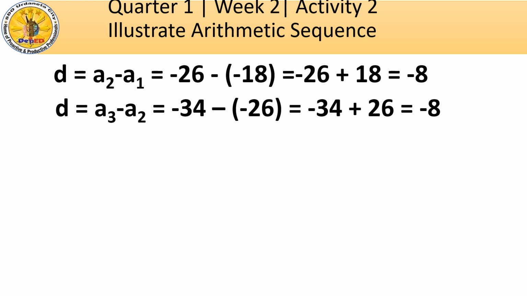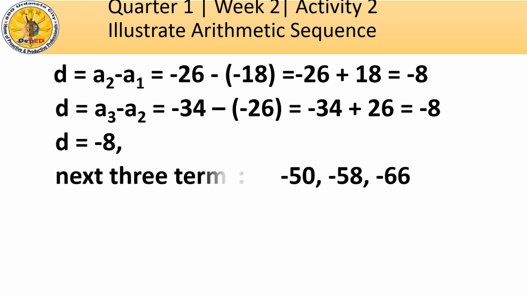The sign of the greater absolute value is negative, so the difference is negative 8. So therefore, the common difference is negative 8. Then the next three terms are negative 50, negative 58, and negative 66.